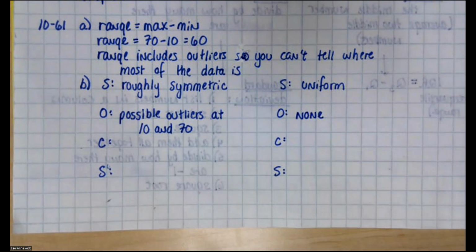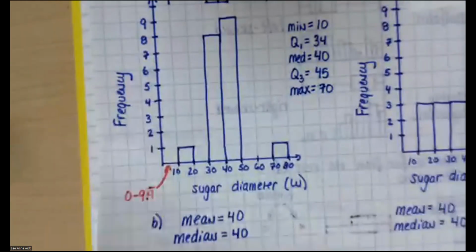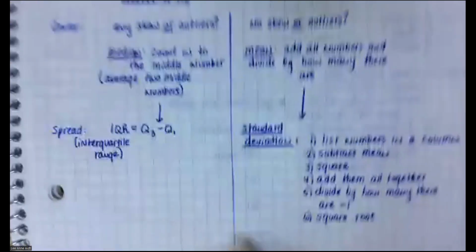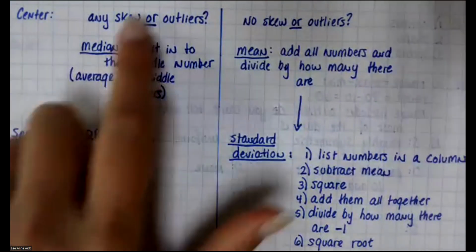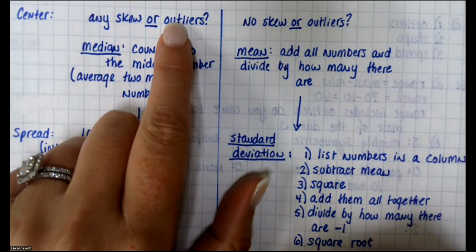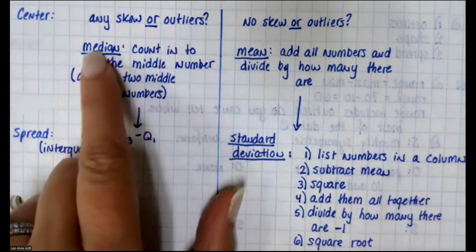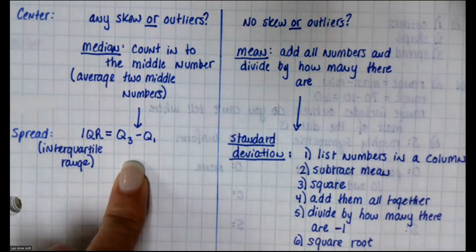Okay, now I'm going to flip back to the notes really quickly. In our graphs, do we have any skew or outliers? Did I not just name what outliers? Okay, so if you have skew or outliers, you need to use median and IQR.